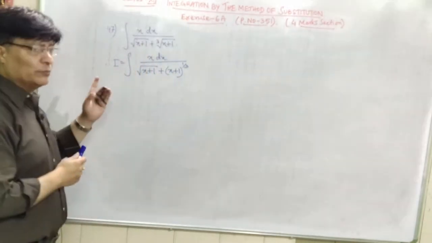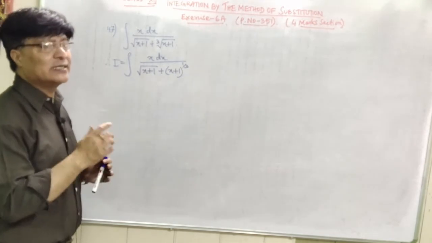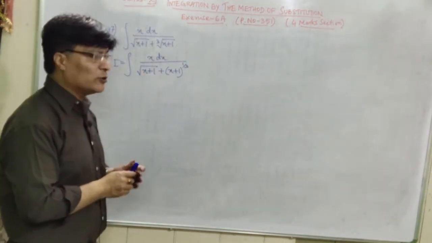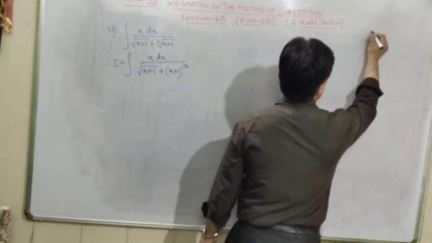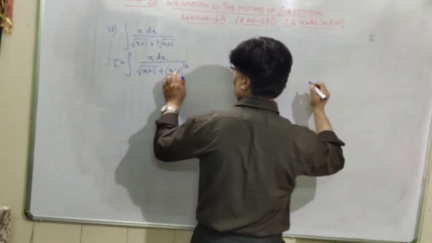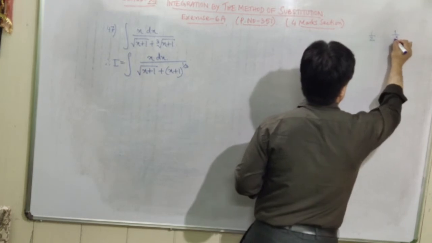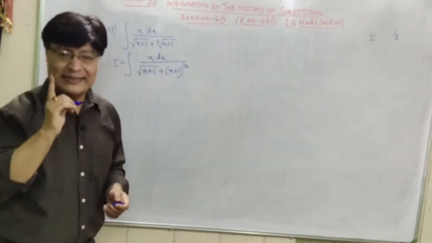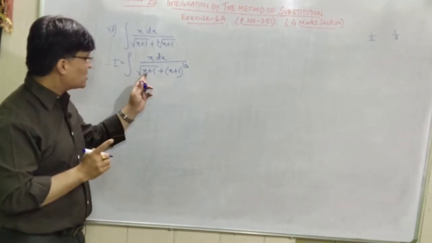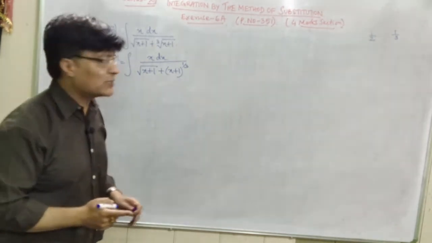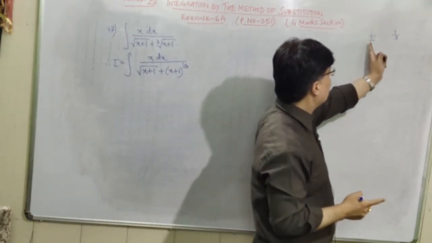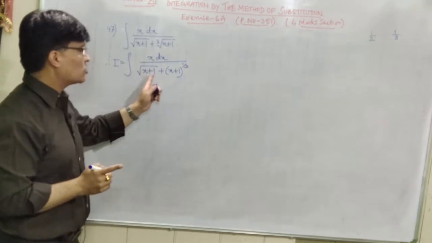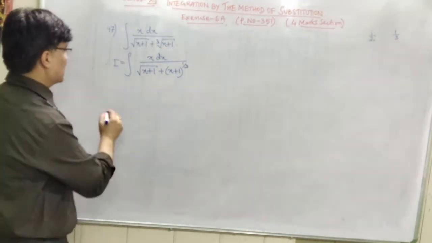So we can assume x plus 1 as z to the power 6, because you know that square root is whole to the power half, and this is whole to the power 1/3. So what's the LCM of 2 and 3? The LCM of 2 and 3 is 6. That means you have to put x plus 1 as z to the power 6.